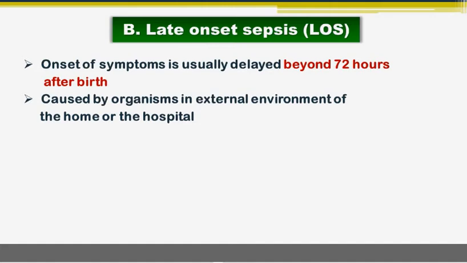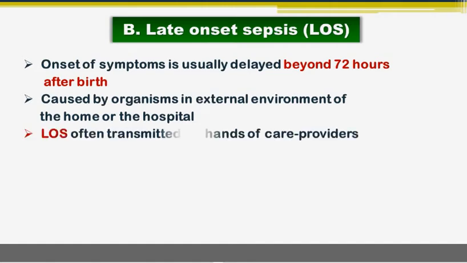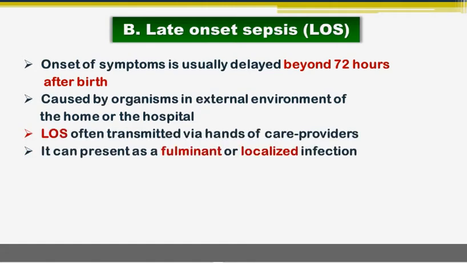So this is community acquired, or the medical worker may be the source of transmission. Late onset sepsis is often transmitted via the hands of care providers, as I said. So it can present as fulminant sepsis or localized infection, while early onset is mainly fulminant.